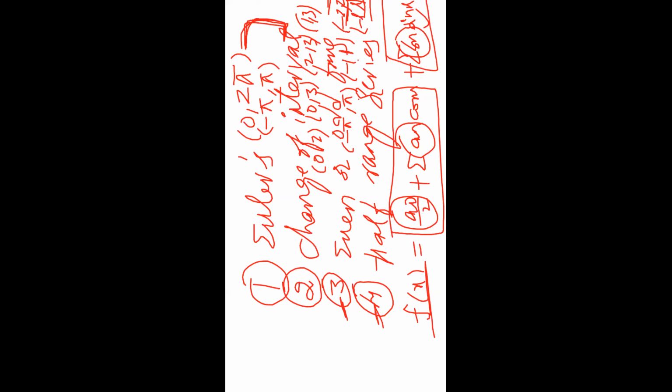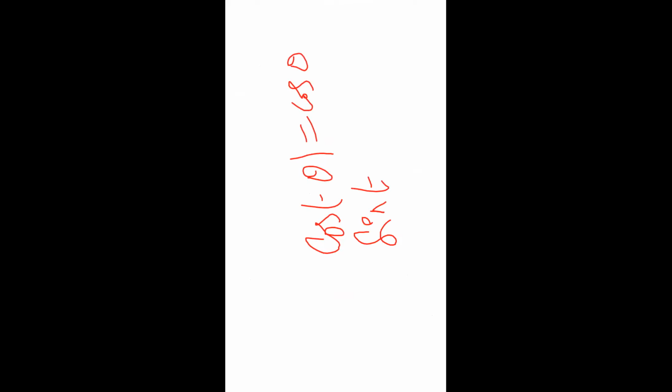Cosine is always even, because cos of minus theta equals cos theta. And sine of minus theta equals minus sine theta, so sine is an odd function. So we have to split the total interval a naught, an, bn into two parts.